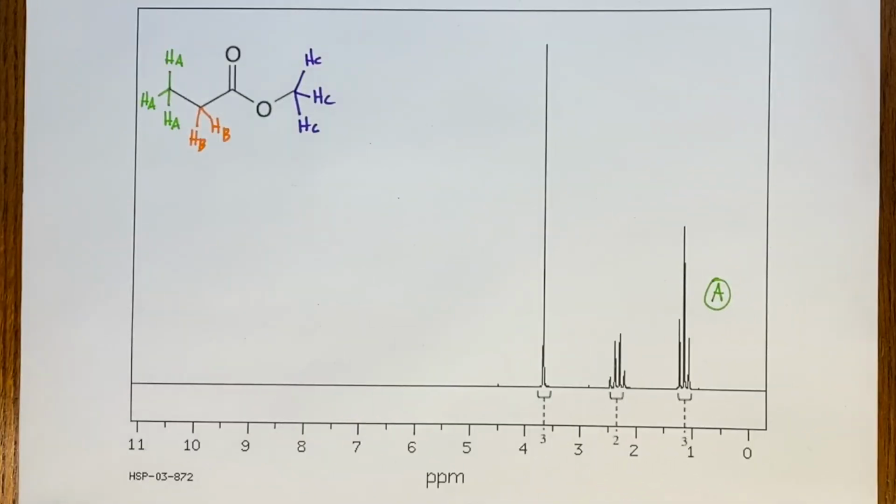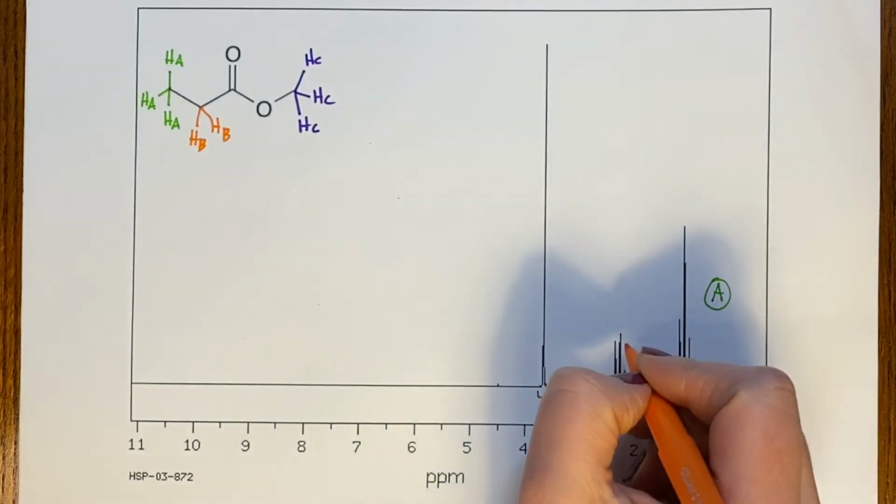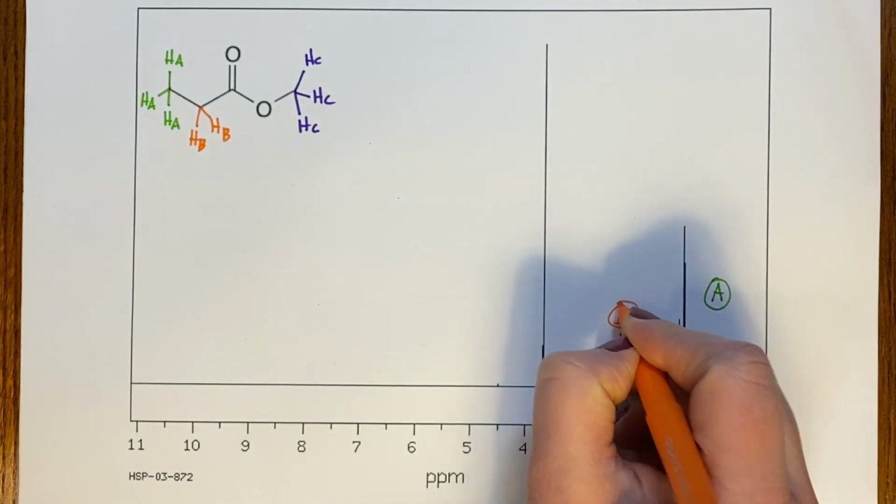For HB, I'm expecting an integration of 2. I'm expecting a multiplicity of a quartet and a chemical shift around 2. And I see that all of that is consistent with what I'm expecting here for this peak. So this is the peak that's consistent with HB.